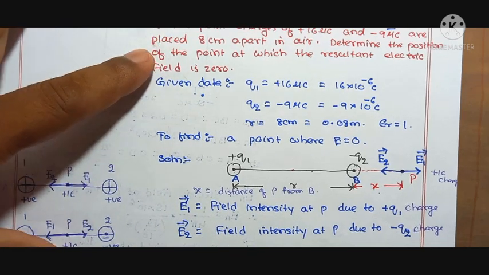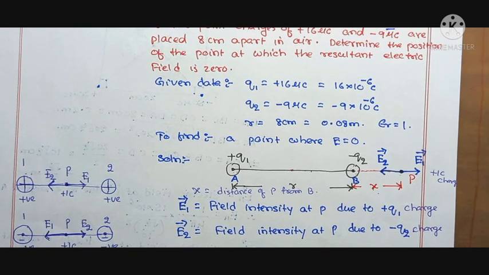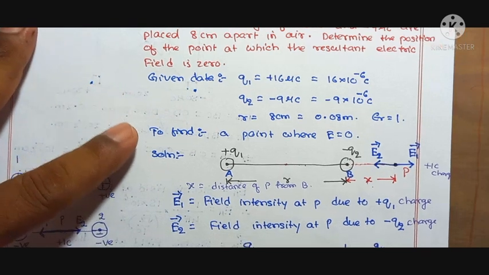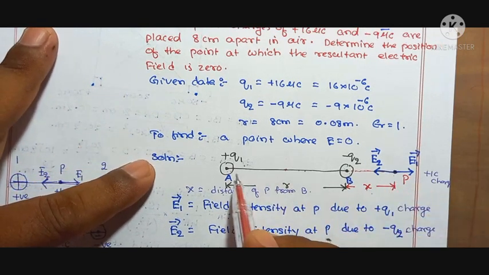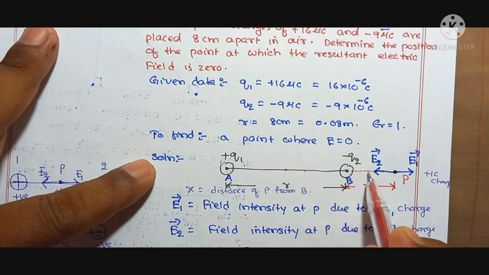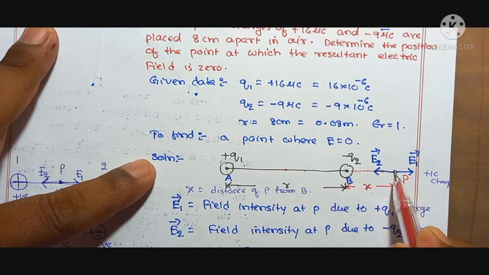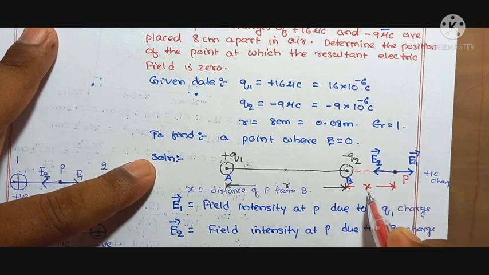Then definitely it is on the line joining the two charges, but not between the charges. It is outside the charges. So this is the line joining these charges. On that line, take one point P, and this point is at x unit from B.